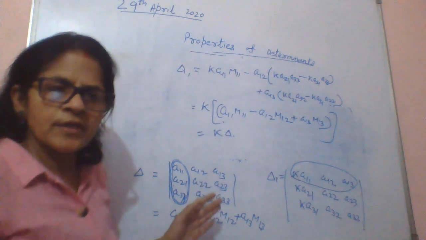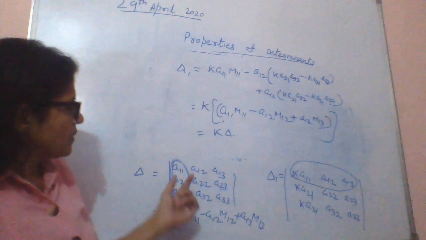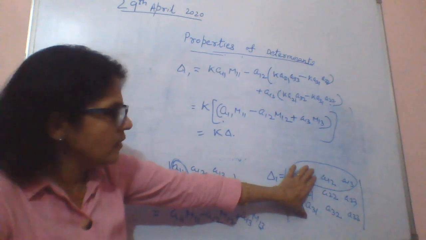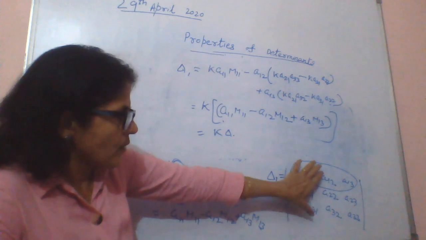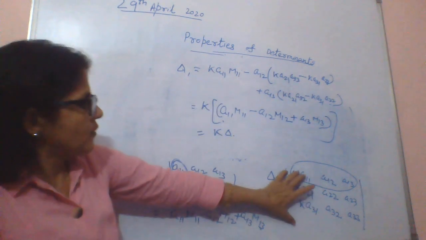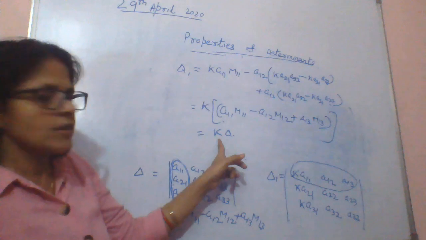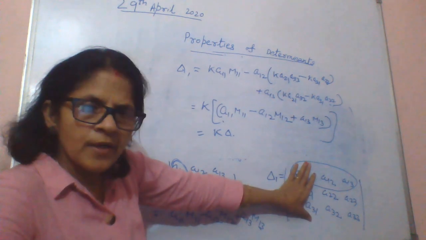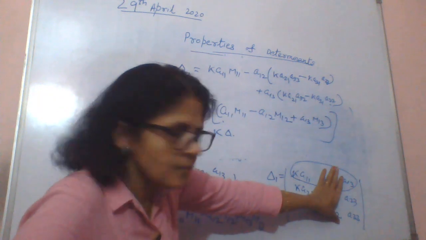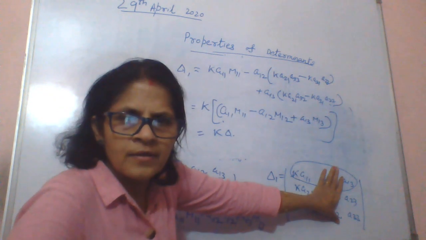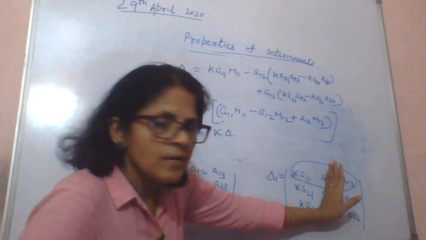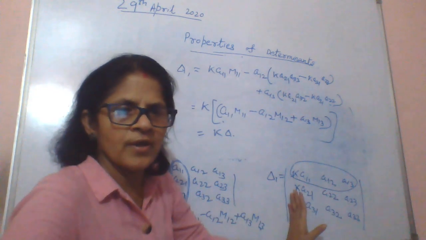Here is a little extension of this property. Multiplying any one column or any one row by K, the determinant is multiplied by K. In case you multiply the second column also by K, the determinant will be multiplied by K again, so K square.